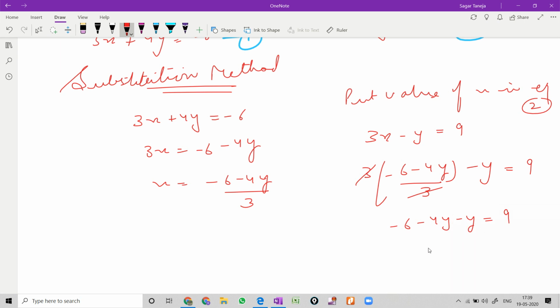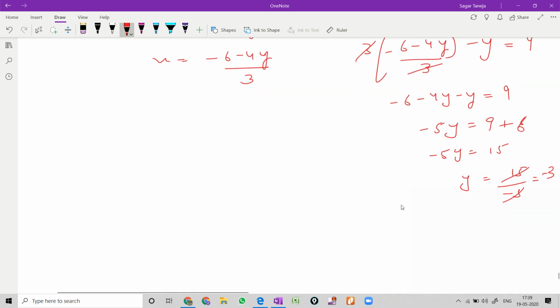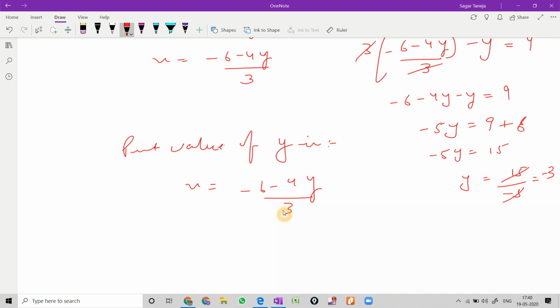Minus 4y and minus y is minus 5y, and here it will become positive 6 and it is 15. So minus 5y is equal to 15, and the value of y is 15 upon minus 5, which is equal to minus 3. Put this value of y in x is equal to minus 6 minus 4y upon 3.